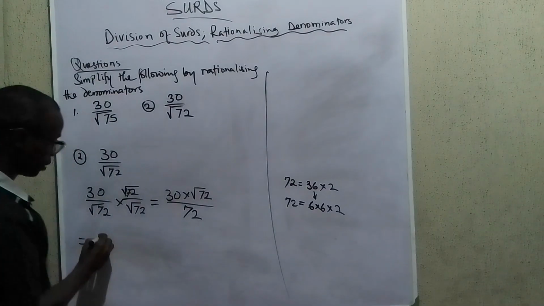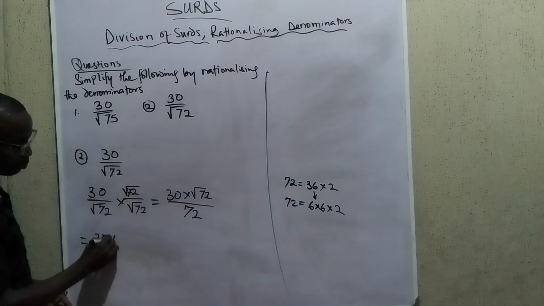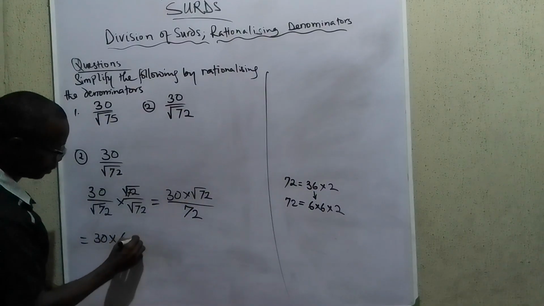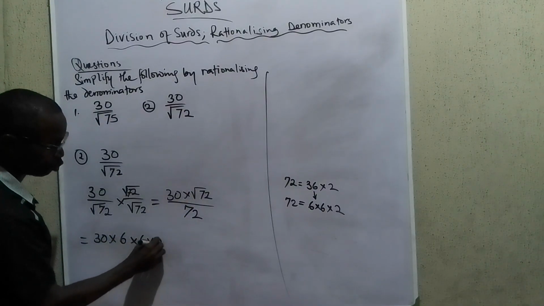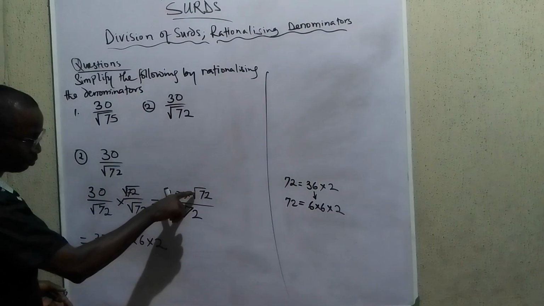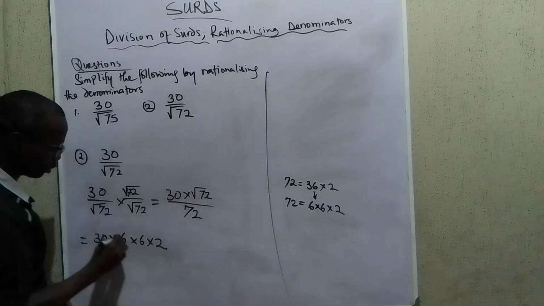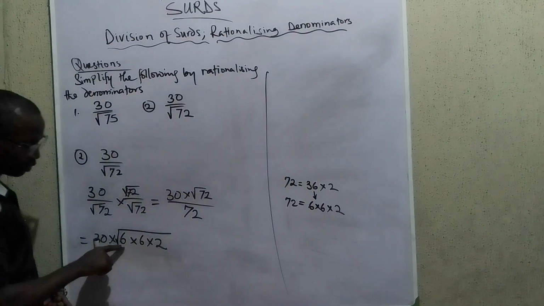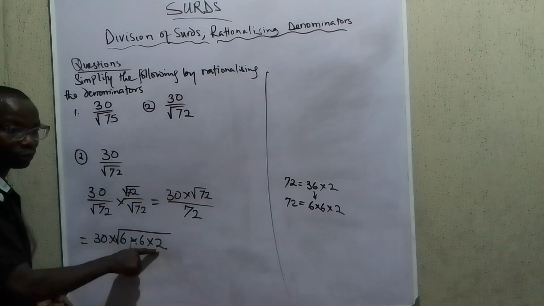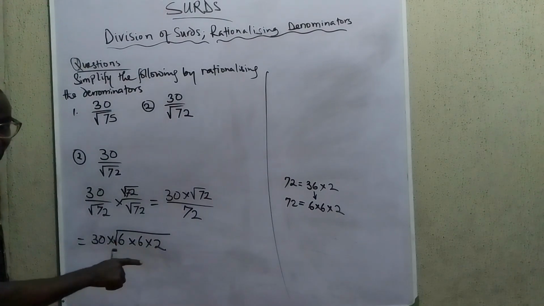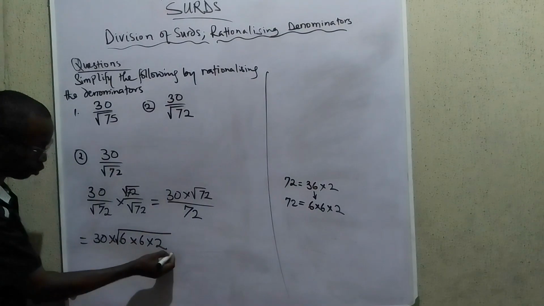So what we'll have here is 30 times the square root of 6 times 6 times 2. But don't forget the square root sign, because 6 times 6 times 2 will give you 72. You understand?